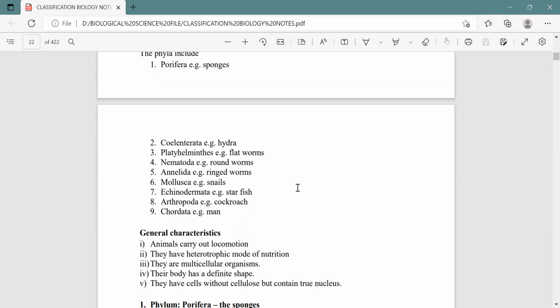The cockroaches, the houseflies, the termites, the honeybee, and all other insects, the millipedes, and all other diplopods, the centipedes, which are the chilopoda, the crustaceans, the arachnids, like the ticks, the spiders, the mites, all belong to phylum Arthropoda.